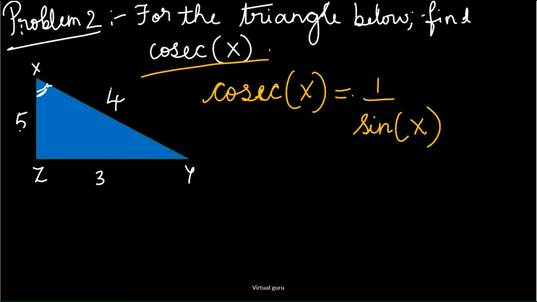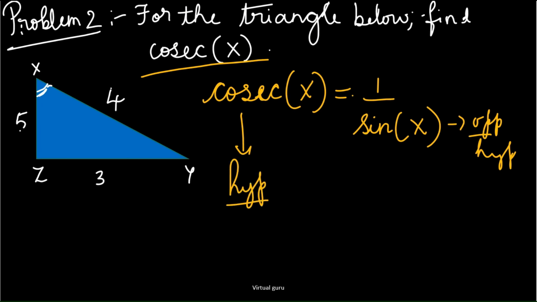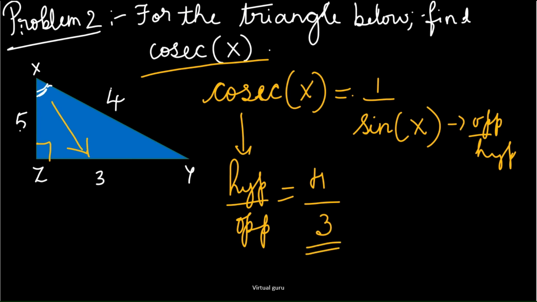But we know that sine is opposite by hypotenuse, so cosecant will be hypotenuse by opposite. Hypotenuse, we know that it is opposite to 90 degree, that is 4, and opposite is nothing but opposite to angle x, that is 3. So 4 by 3, this is the answer.